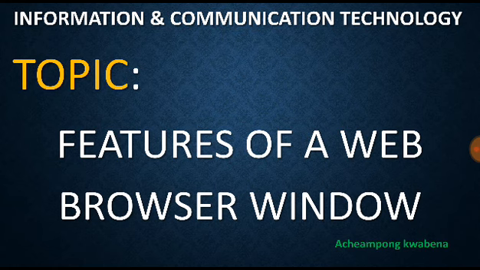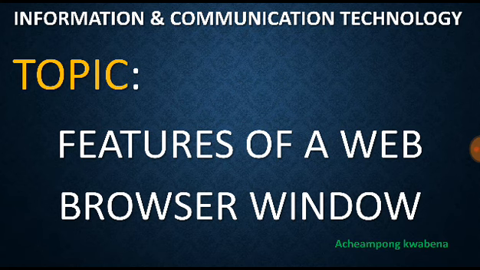We use web browsers to display web pages or visit websites. We said the main function of this application, that is the web browser, is to access the internet in order to retrieve information or to traverse information.